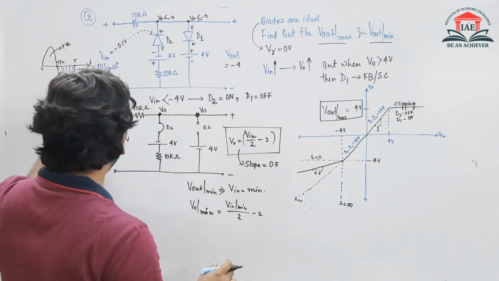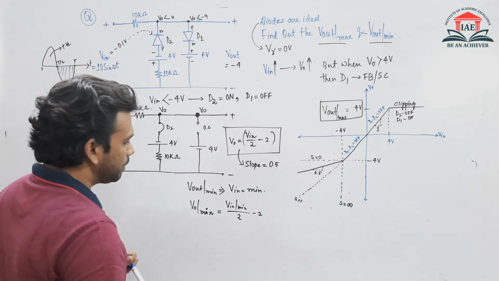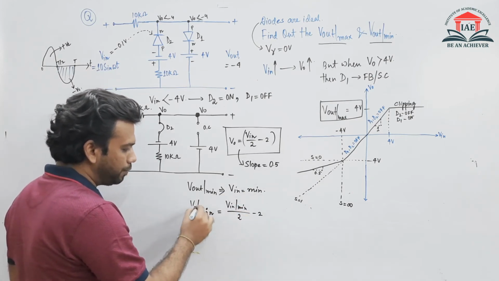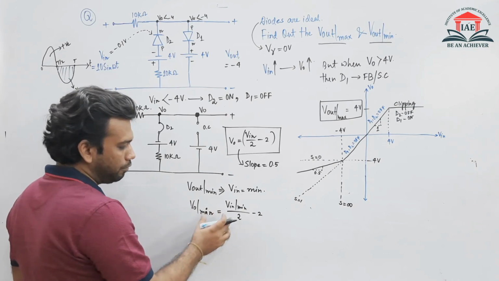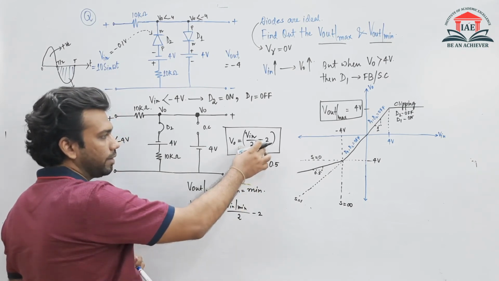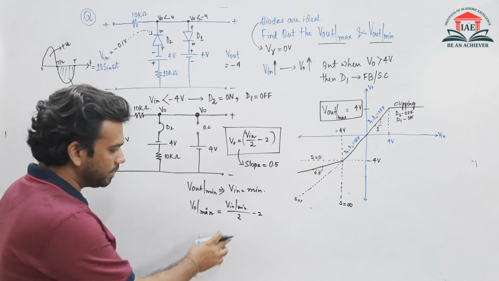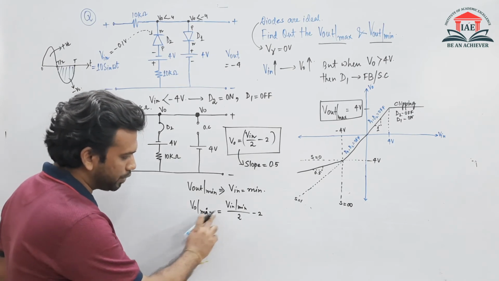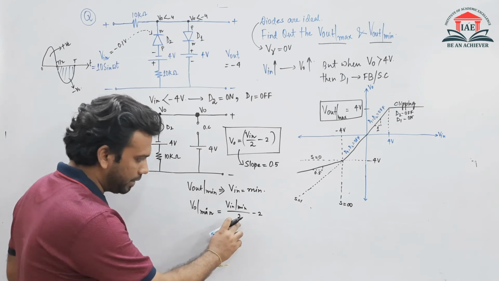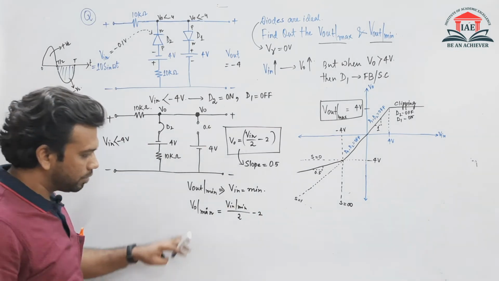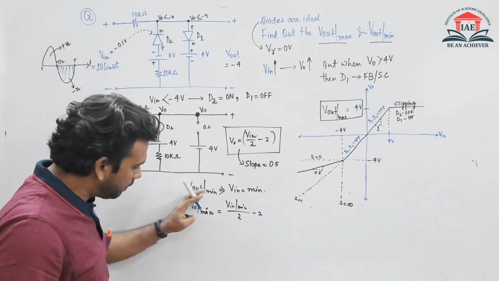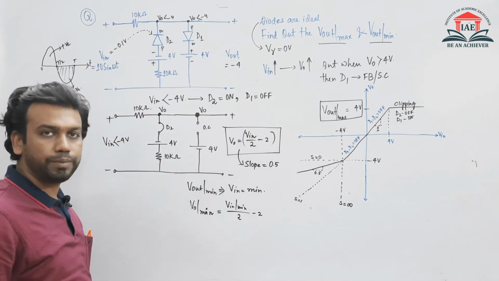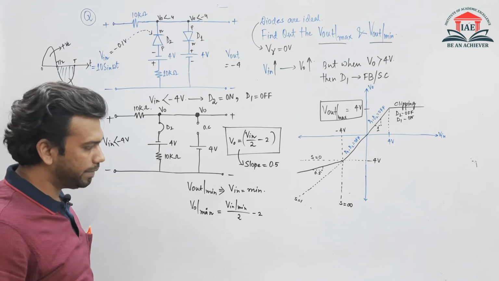So if the input voltage minimum value is here, from this equation we can find the value of the output voltage minimum value. In this equation, V0 minimum is equals to V input minimum divided by 2 minus 2. So if we want to find the V output minimum value, we need the value of V input minimum. So how to find the V input minimum?